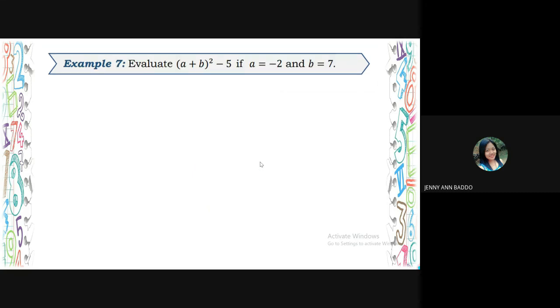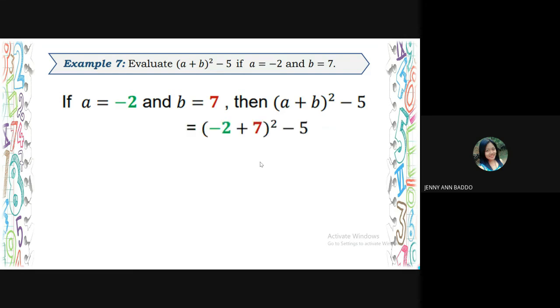Another example. Evaluate the square of a plus b, minus 5, if a equals negative 2 and b equals 7. So again, we have two variables, a and b. A equals negative 2 and b equals 7. So by substitution, we have a plus b, that's negative 2 plus 7, squared, minus 5.